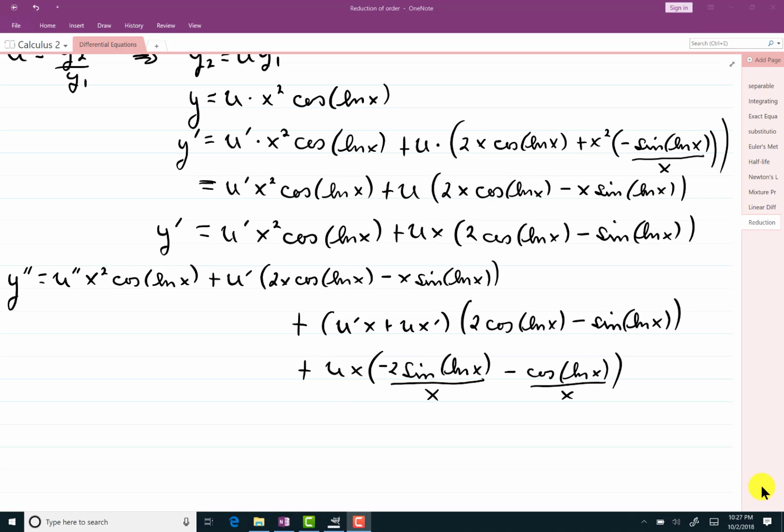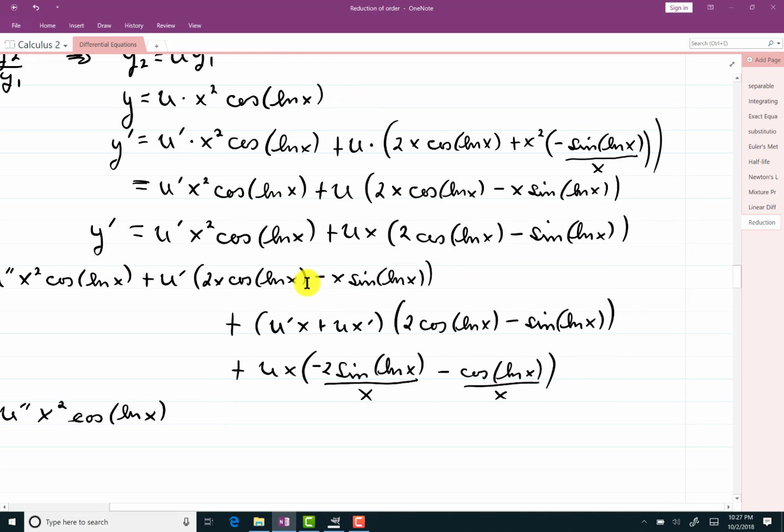Now, let's pause for a minute and simplify as much as I can. What I think I'm going to do is I'll stick with the first stuff that I have there. I have u double prime x squared cosine of ln of x. I'm going to, though, factor an x out of this part right here.